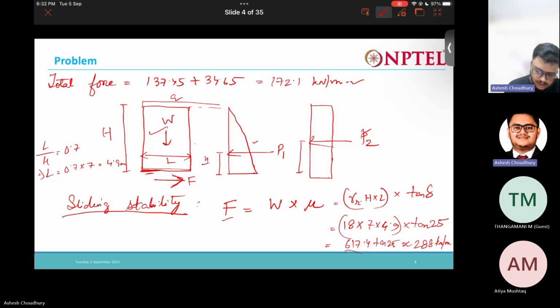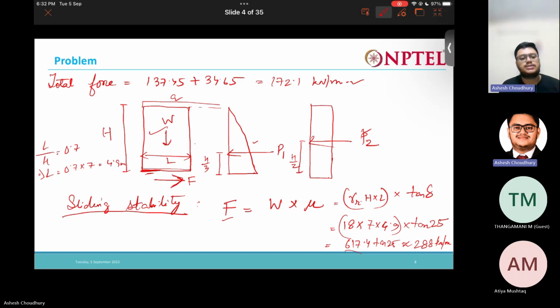As I mentioned in the previous class also, these are very simplified problems. These problems do not consider the seismic forces and all other forces, just normal self weight and surcharge.